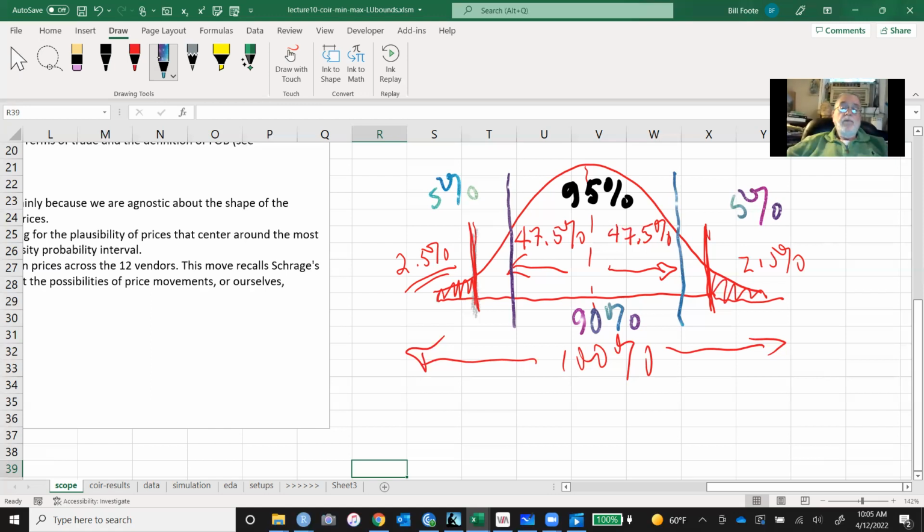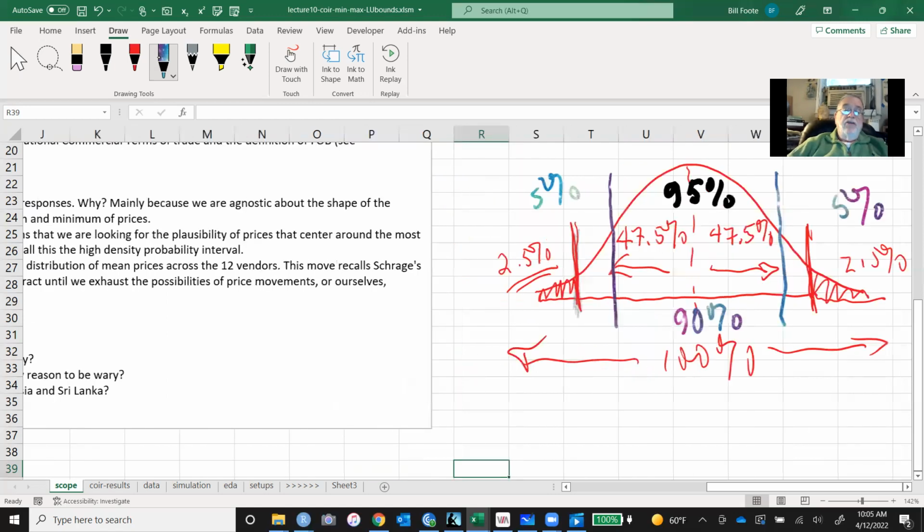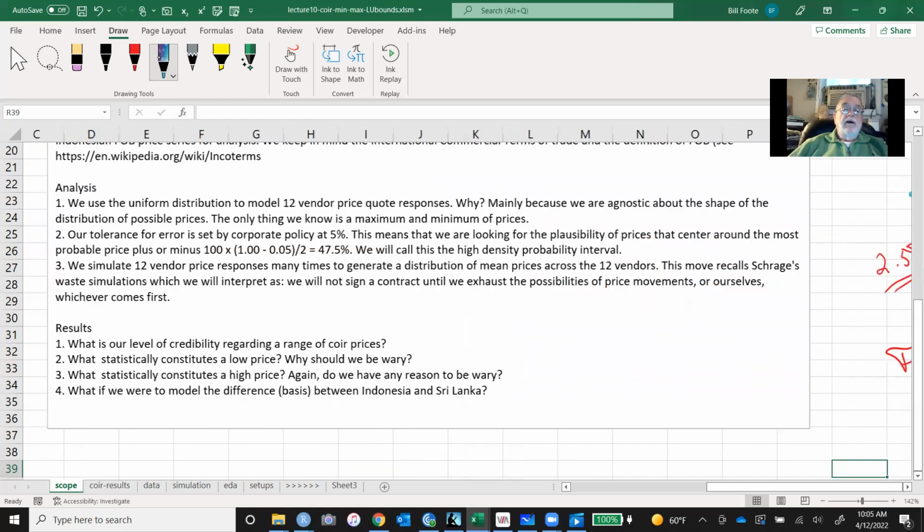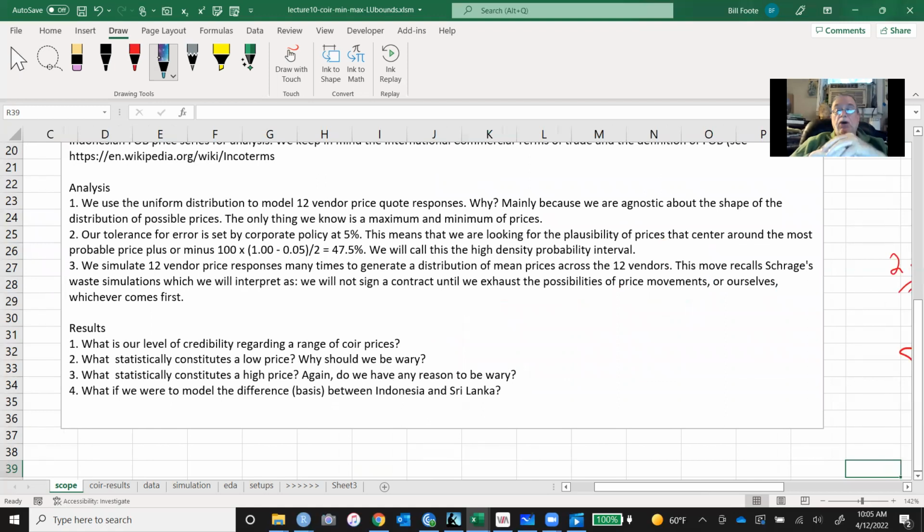Okay. Well, having said all of that, we will simulate 12 vendor price responses many times. We will generate a distribution of mean prices across the 12 vendors. And in the reading that accompanies this, we can recall Mike Draghi's wasting simulation, which is the same as George Gilder's wasting transistors.